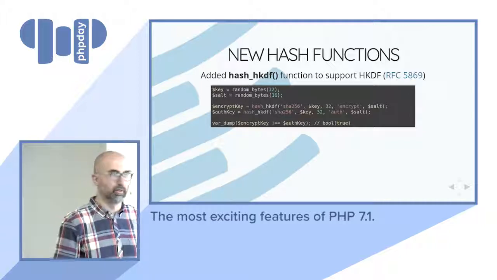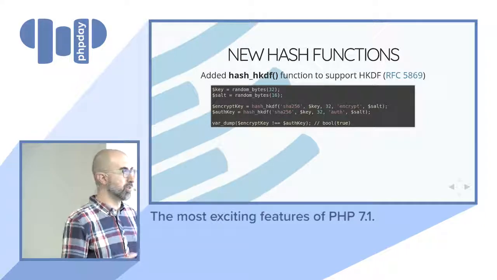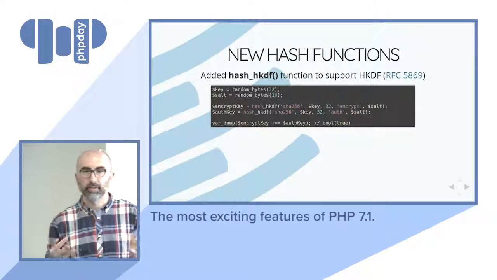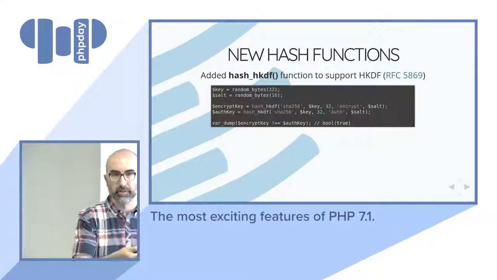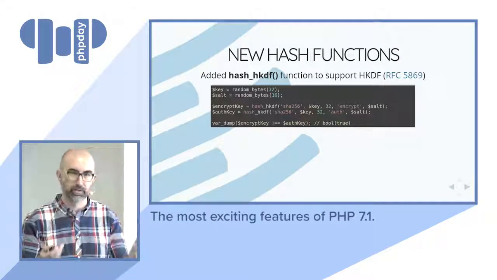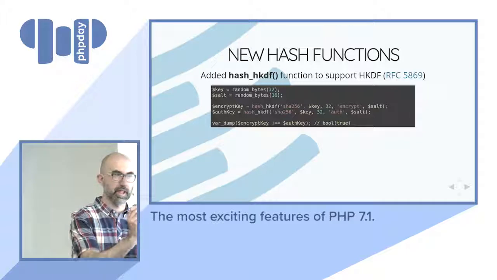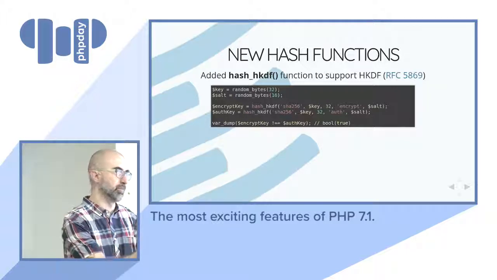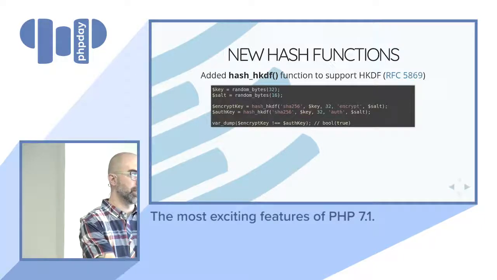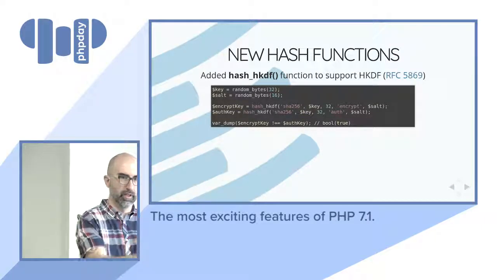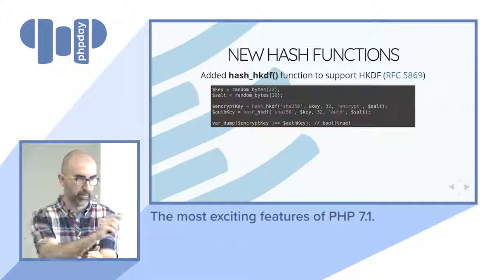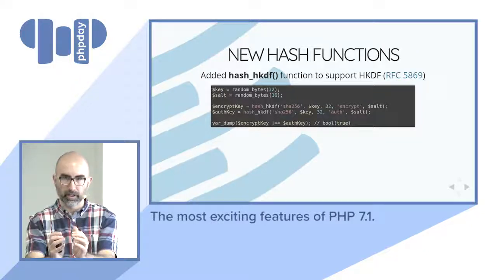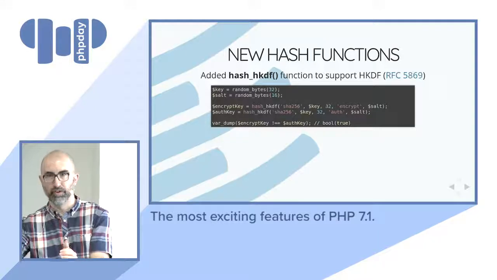If you're using a user password, you know that you cannot use it as an encryption key because it's not so random, it's short. So the scenario is to start from the user password, if you need to encrypt something specific for the user, and generate from it a more robust, more random key to use in encryption.